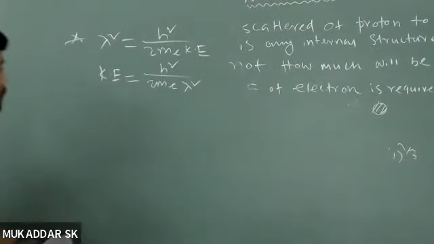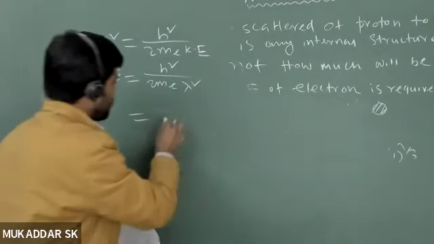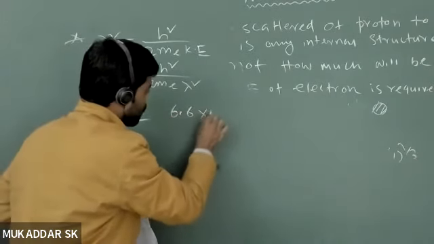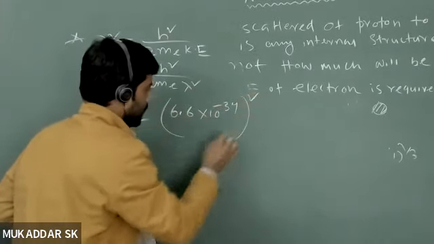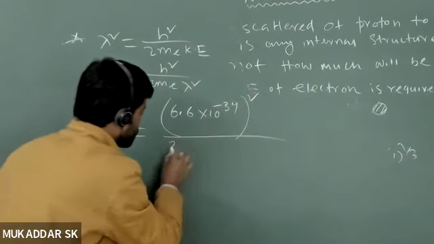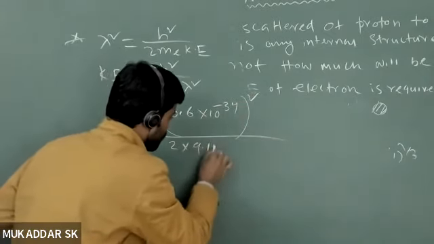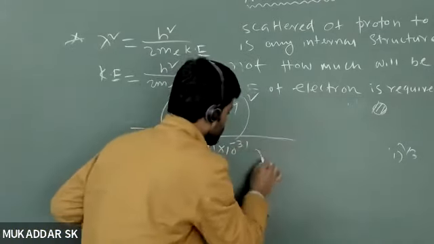Okay, now I'll substitute that value. We know everything right now. So h is how much? 6.6 into 10 to the power minus 34, whole square. Okay, and then you will have twice mass of electron, that is nothing but 9.1 into 10 to the power minus 31. And lambda is how much? कितना है lambda, बताओ?